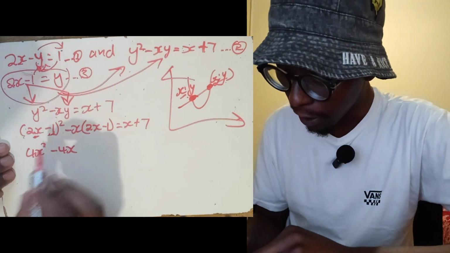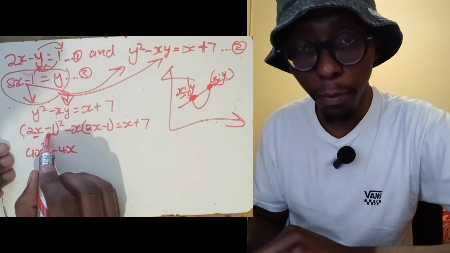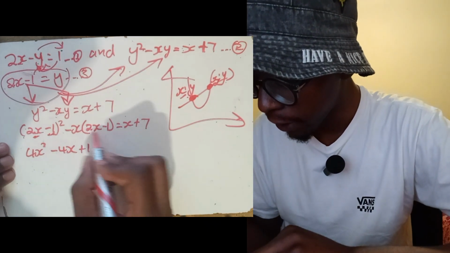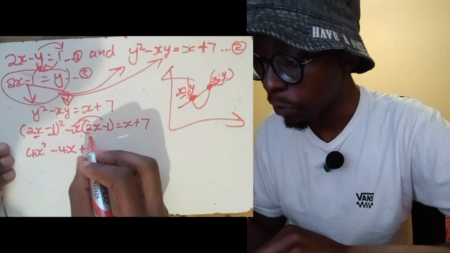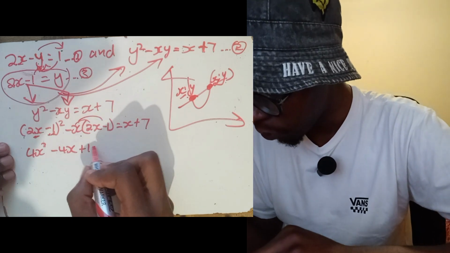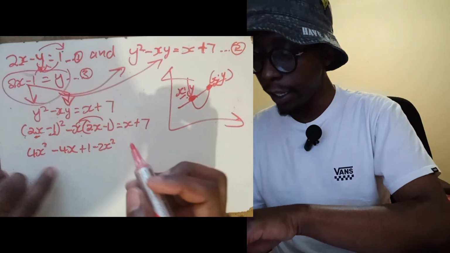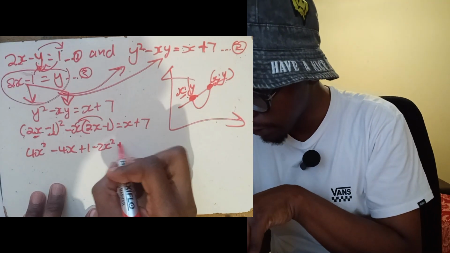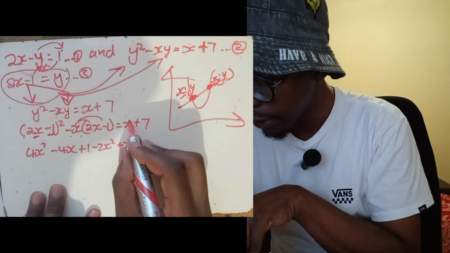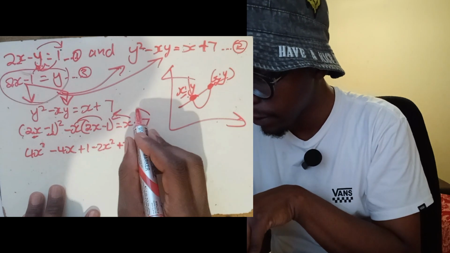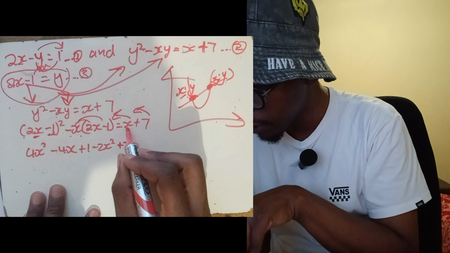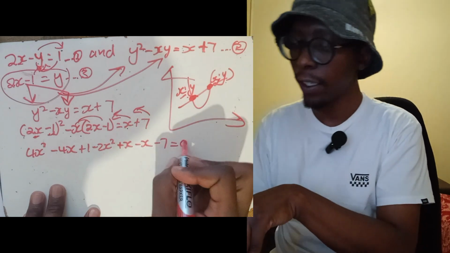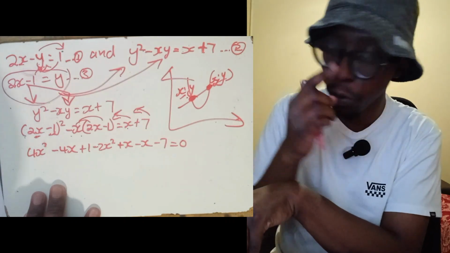Then square your last term: minus 1 squared is positive 1. Here I simply distribute: negative x times 2x is negative 2x squared, and negative x times negative 1 gives positive x. Then the other side moves over, where positive becomes negative, so it is equal to 0.